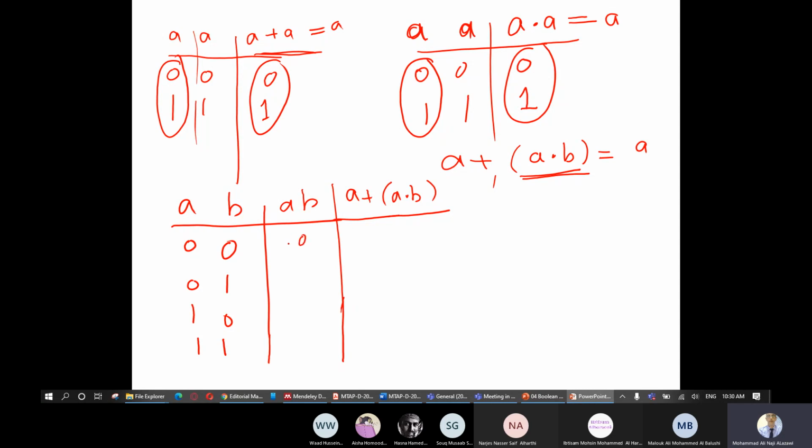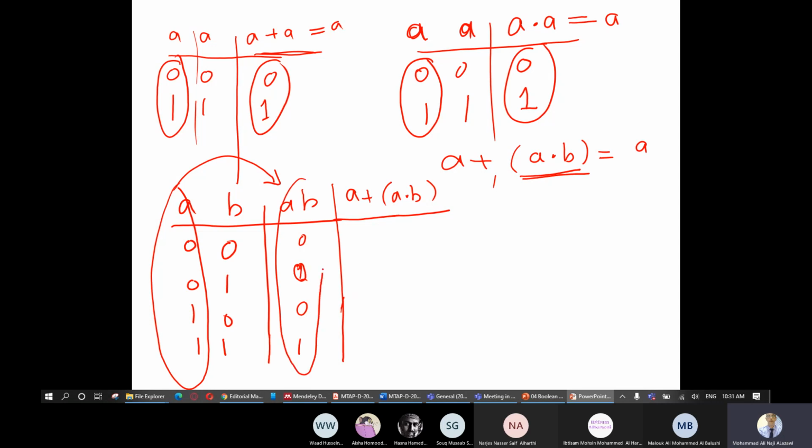AB for 0,0 will give me 0. 0,1 will give me 0. 1,0 gives 0. 1,1 gives 1. A plus AB: now I'll take this A and OR it with this column. So 0 or 0 equals 0. 0 or 0 equals 0, 1 or 0 equals 1, and 1 or 1 equals 1.